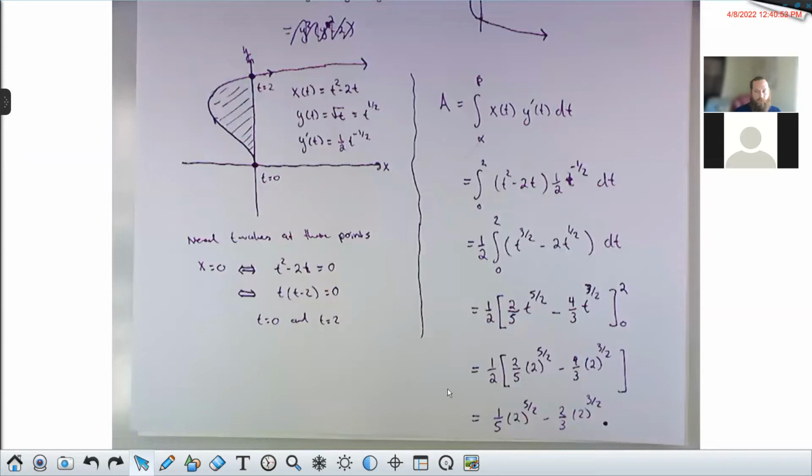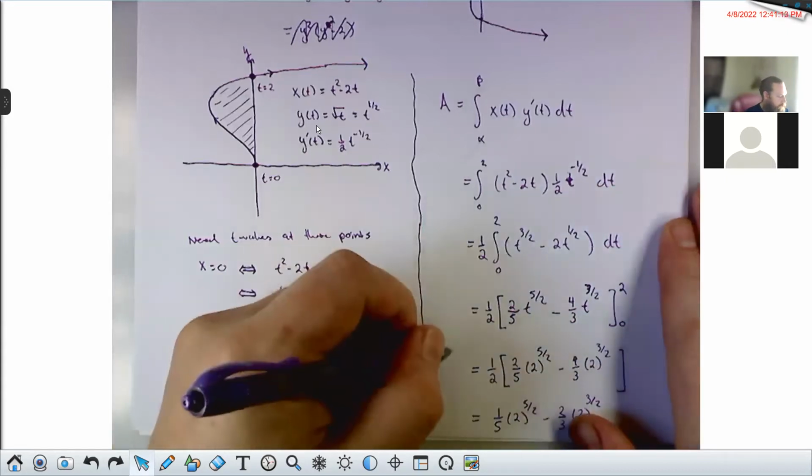So if we're asking strictly for the area bounded, we would want to negate this to make it positive. But for the purposes of our problem, I want to make sure you know how to set these things up. Make a little note here.